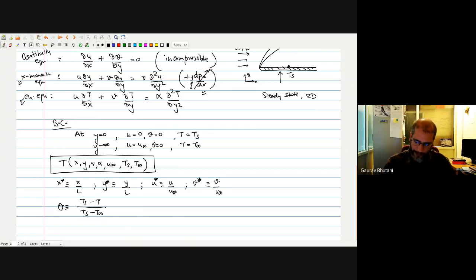If on the surface of the plate my T is Ts, this becomes 0. And in the free stream region, that is beyond the temperature boundary layer, my temperature is equal to T infinity. So then my theta becomes 1 there.